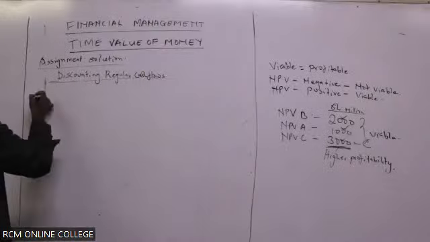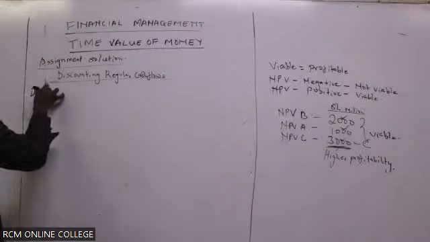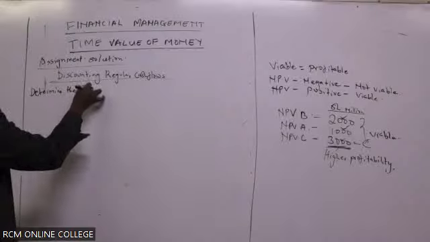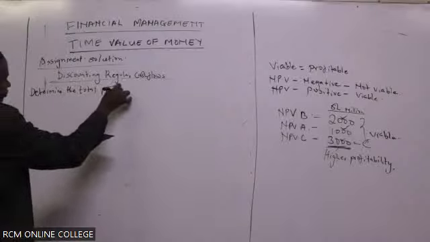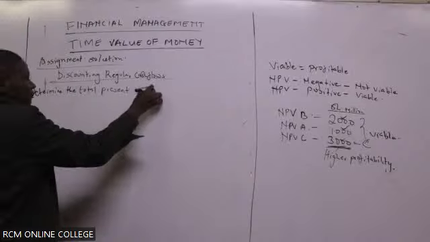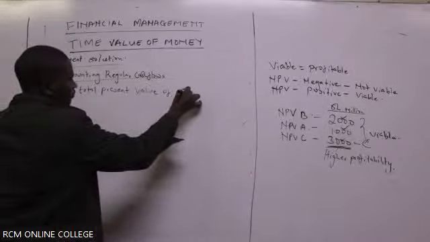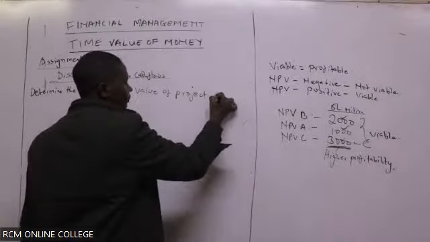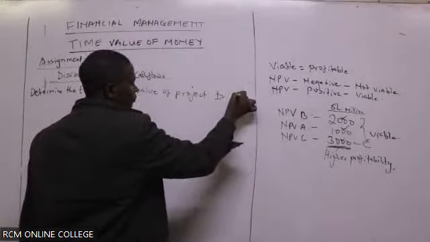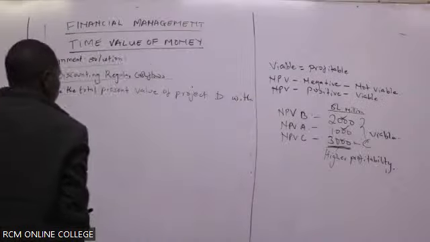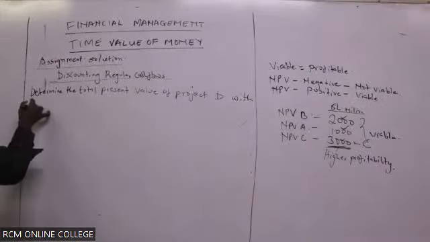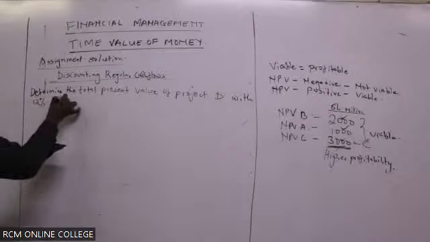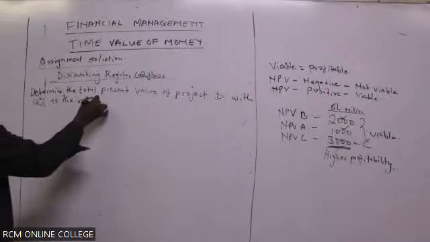So still we try to determine the total present value of project D. You can write down project D with 12% as the rate of return.